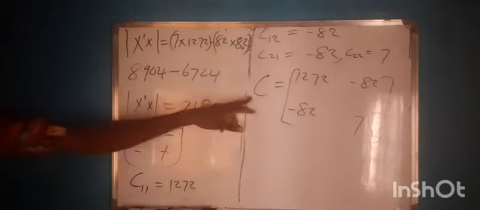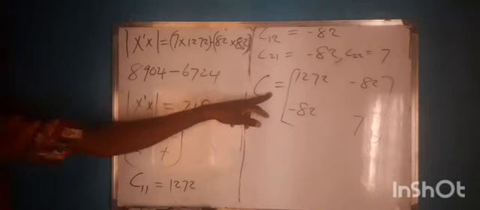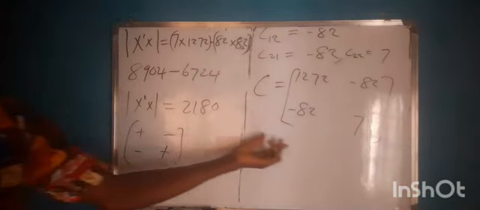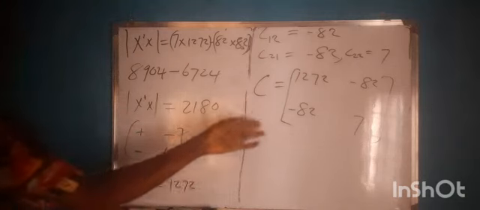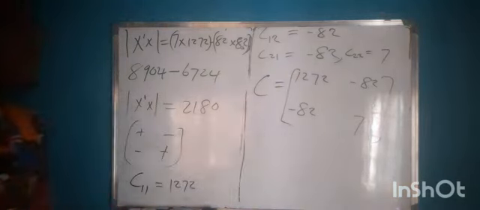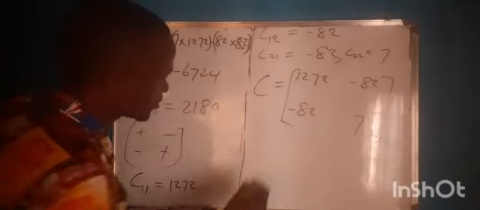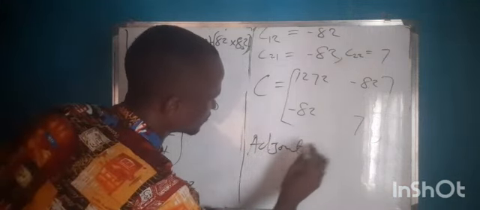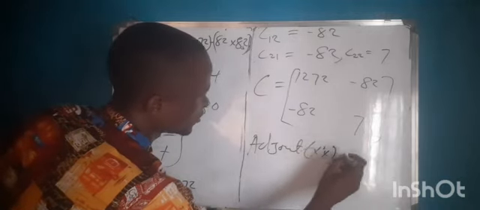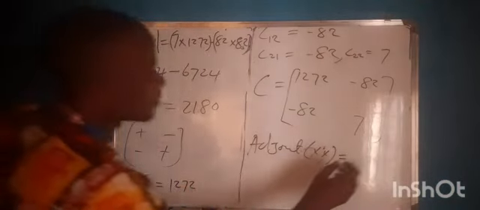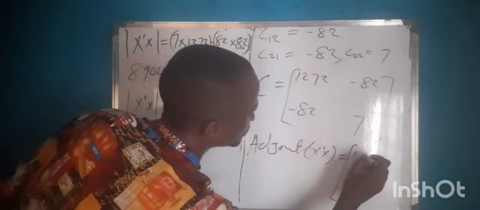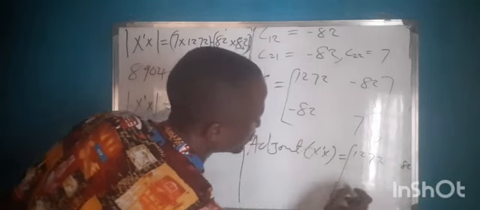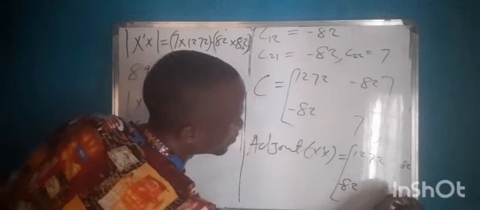Okay, so the adjoint now is the transpose of this matrix C, and since the matrix is symmetric, you don't need to take the transpose, because if you take the transpose, it will also give you the same matrix. So our adjoint of X transpose X is equal to 1272, minus 82, minus 82, 7.